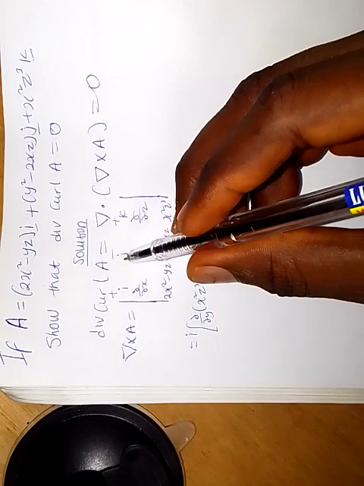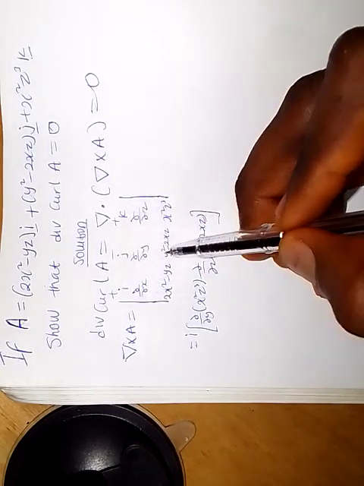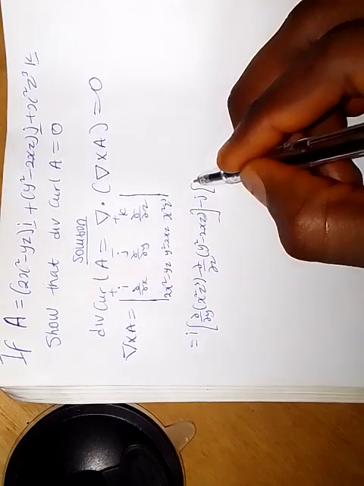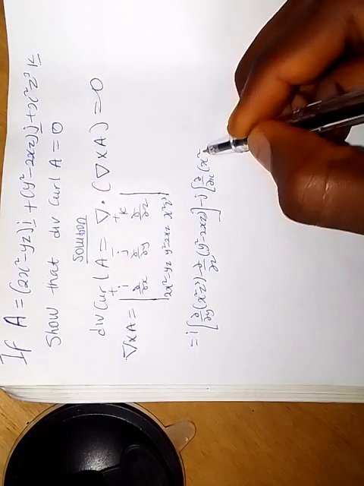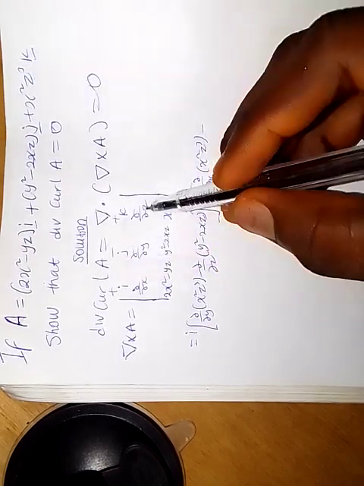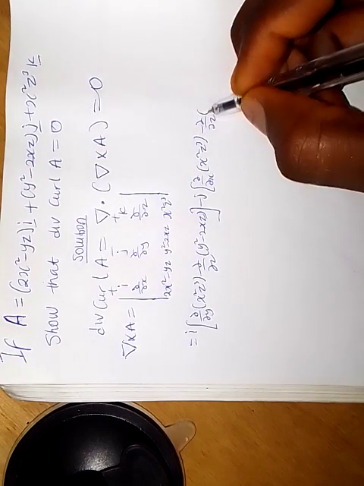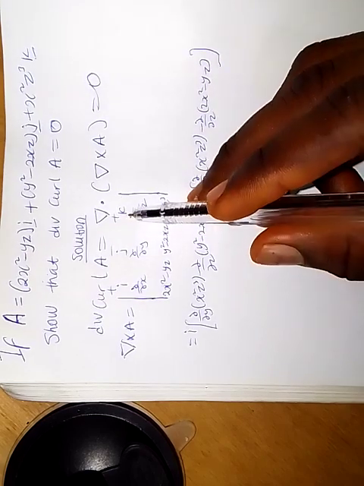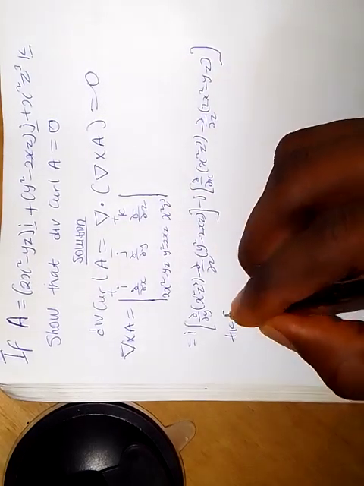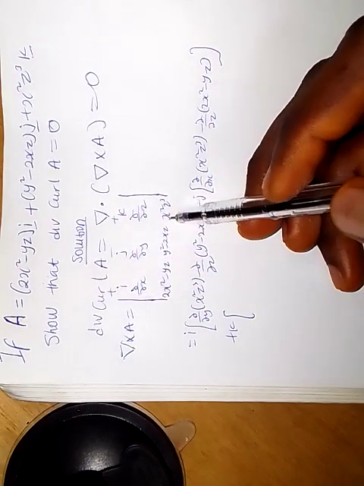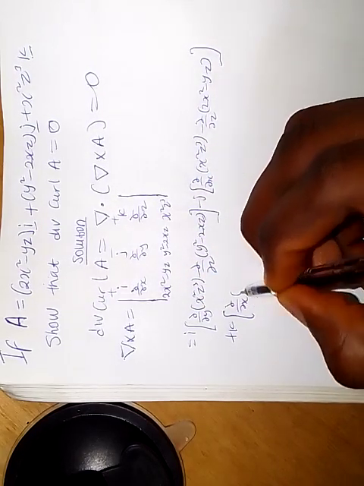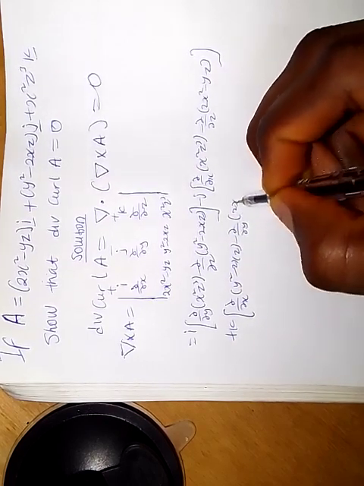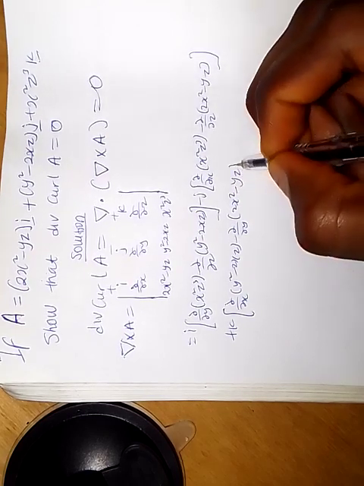Now for the j, we fix the first row and the second column, so we have minus j into partial x of x²z³ minus partial z of 2x² minus yz. For the k component, we have plus k, fixing the first row and the third column, so we have partial x of y² minus 2xz minus partial y of 2x² minus yz.